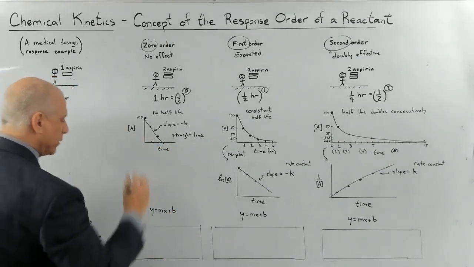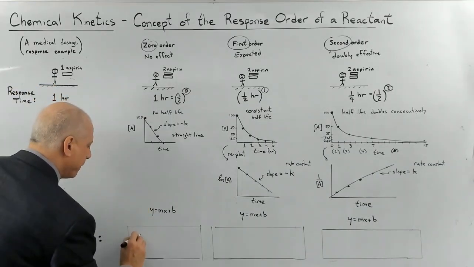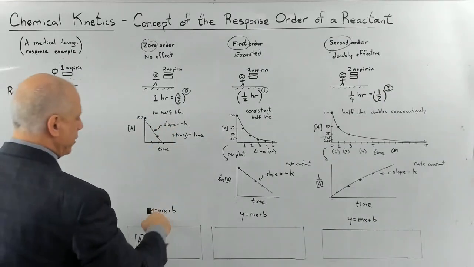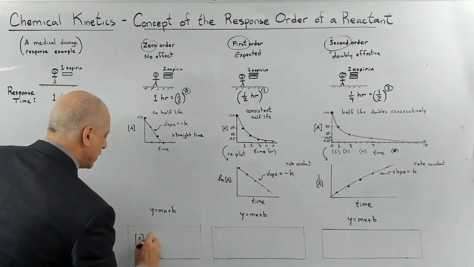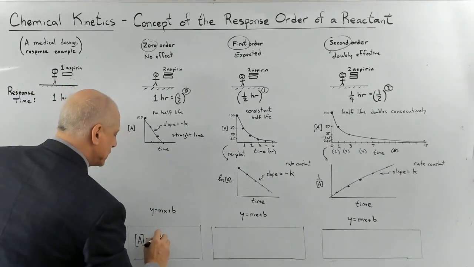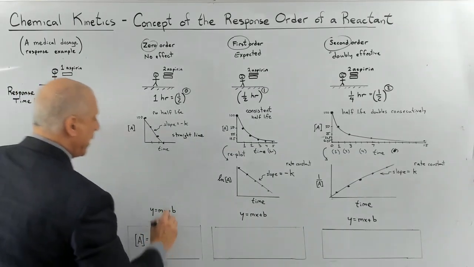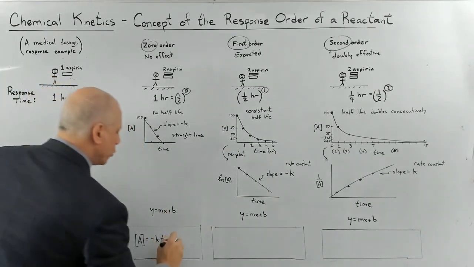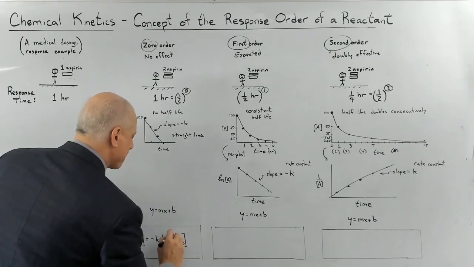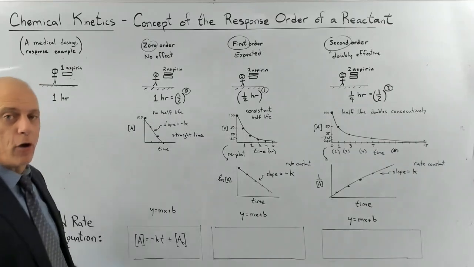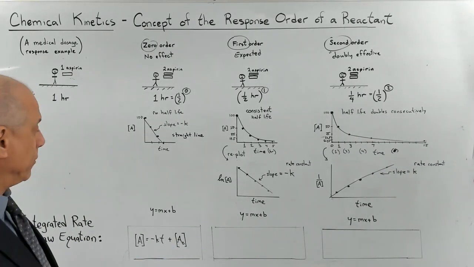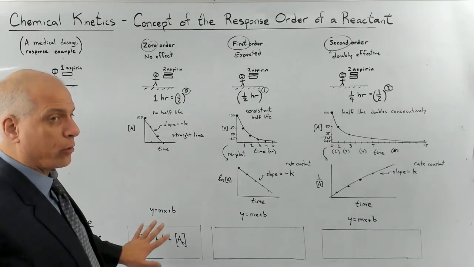So y, concentration of A, equals the slope, negative k, times x, which is time, and then the y-intercept would be the original concentration. This is what they call the integrated rate law equation, which we're going to use in subsequent problems for zero order.